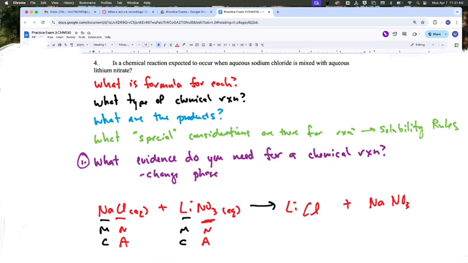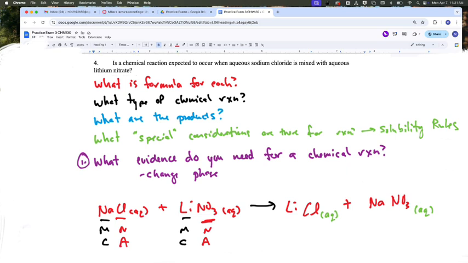So you would go to the front of the exam, or in this scenario, if you don't have them memorized, which is fine, you would just go look up your solubility rules for these individual compounds. You would then go through and apply those solubility rules to each of your products to see what their phase was. Lithium is a group 1 metal. One of our rules is all group 1 metals are soluble, which means it comes in as aqueous. Sodium is also a group 1 metal, also going to come in as aqueous.